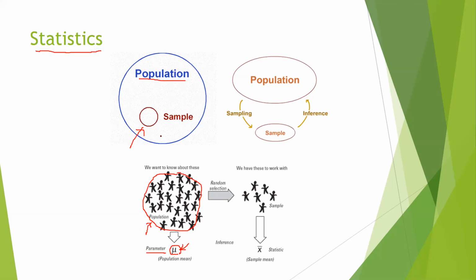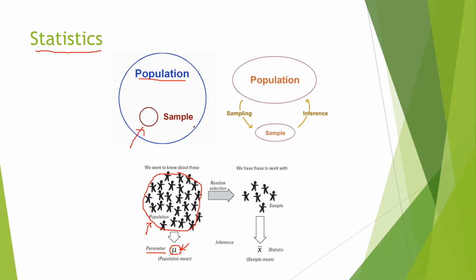Because we need a sample that can represent the population, right? If you are not taking a random sample, if you took a biased sample, then the conclusion you make from studying the sample can be misleading. It may not be the best way to make a conclusion for the population.